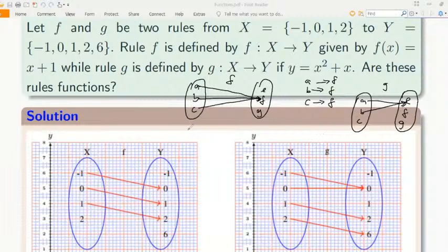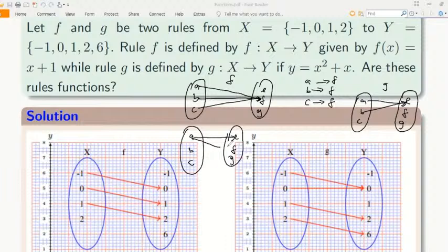Look at this other case. A, B, C and E, F, G. A is assigned to this, and is also assigned to F. B is assigned to this, and C is assigned to this. So this H here is not a function, because of two images.